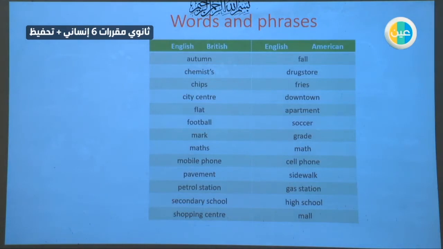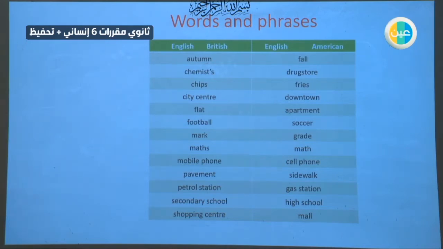Pavement for British. Sidewalk for American. Petrol station for British and gas station for American. Secondary school for British and high school for American. Finally, shopping centre for British and mall for American.